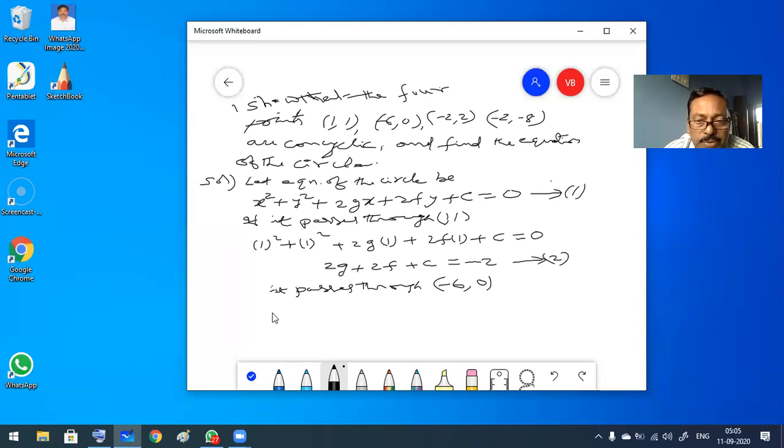So minus 6 whole square plus 0 square plus 2g into minus 6 plus 2f into 0 plus c is equal to 0.